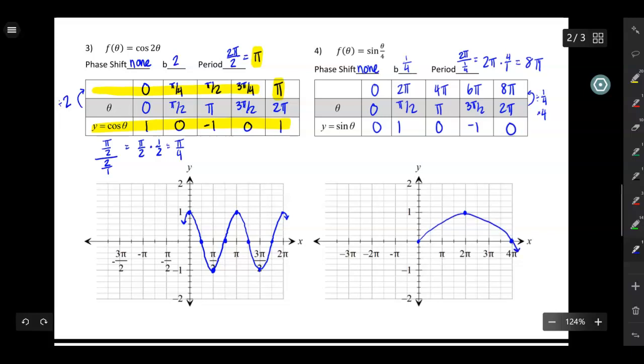So what we've got to do is come onto the left side of the graph and draw the rest of the period. Okay. So if you look, I'm basically getting to one of my key points every 2 pi. So if I go 2 pi to the left, I should end up down here at -1. And then if I go 2 pi further, I should end up back at 0.